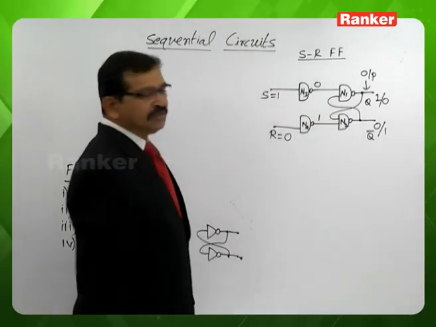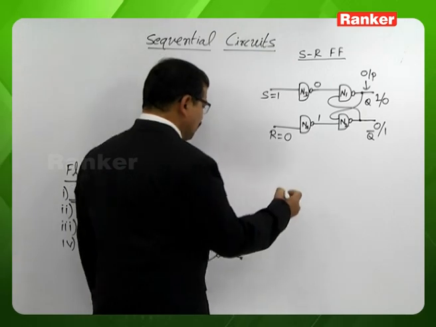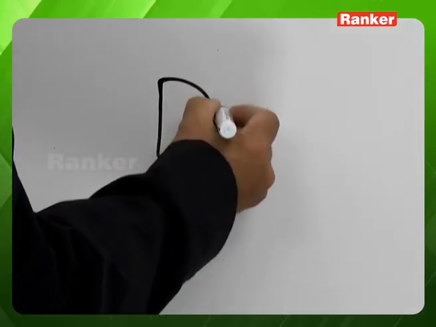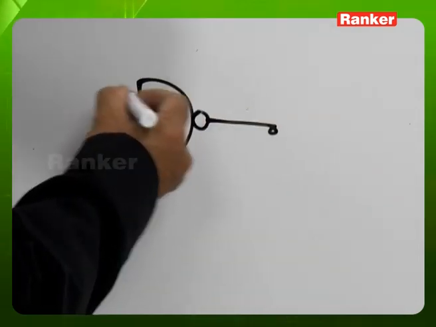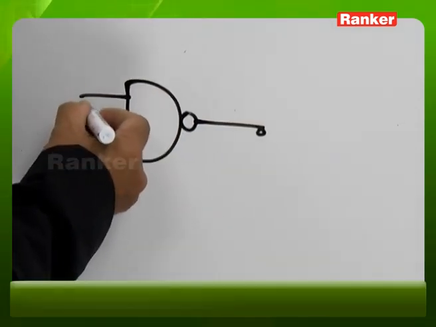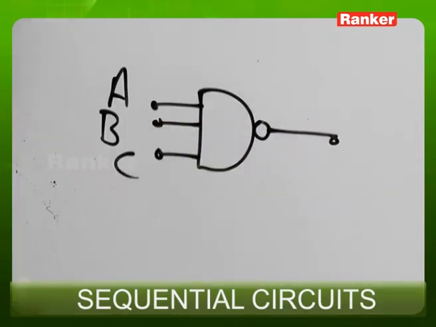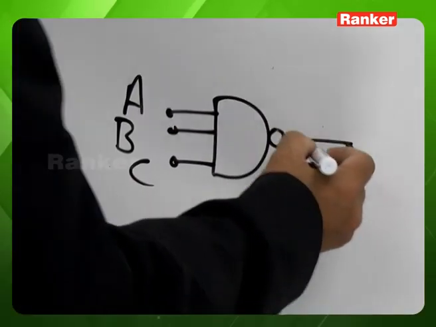From the knowledge of NAND gates, a NAND gate may have multiple inputs, say for example A, B, C are the inputs.